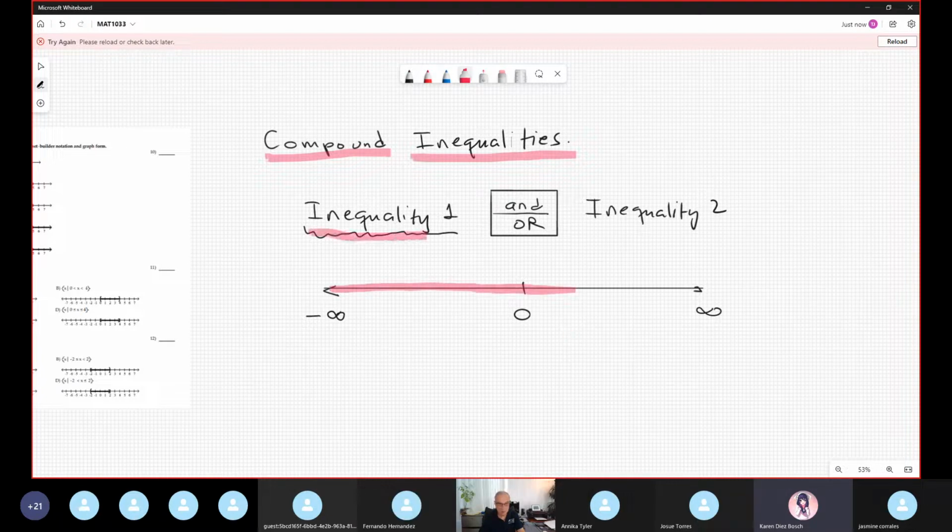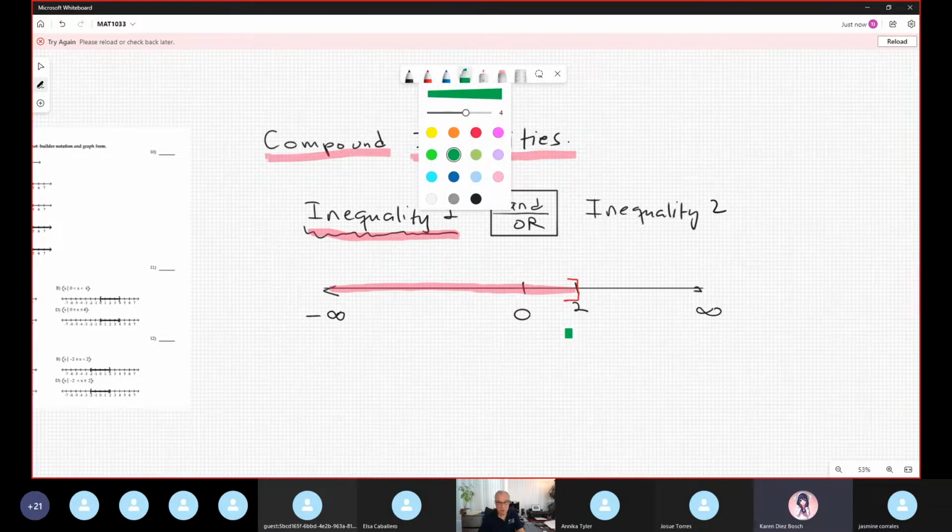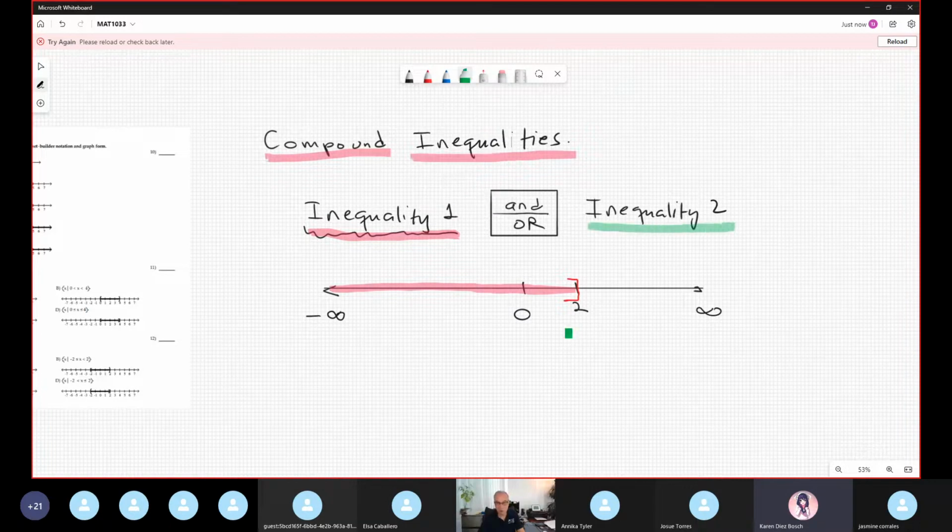This is inequality 1, red color. And suppose this point is 2. It includes, yes, so bracket. Now we have another inequality. Let me use another color, green maybe. You solve this inequality and put it together in the same number line. Suppose -1, -2, -3, and the solution of inequality 2 in green color is this.